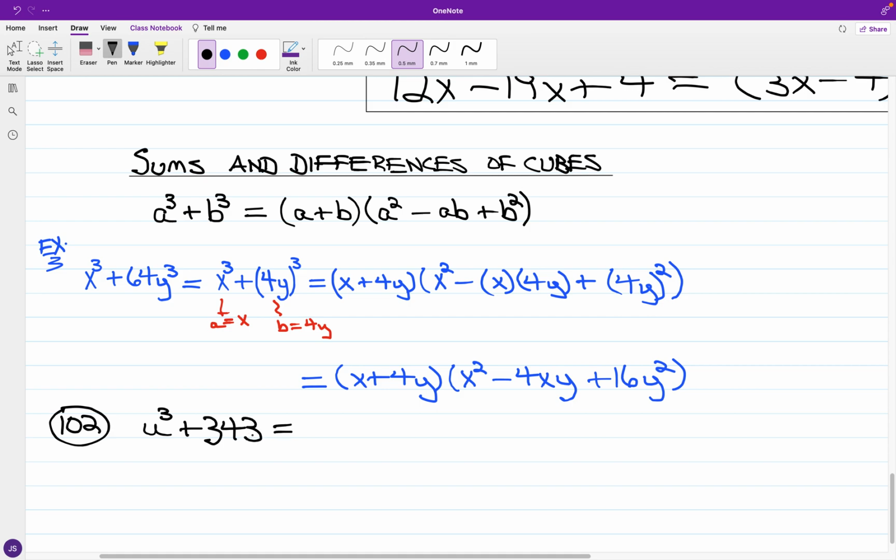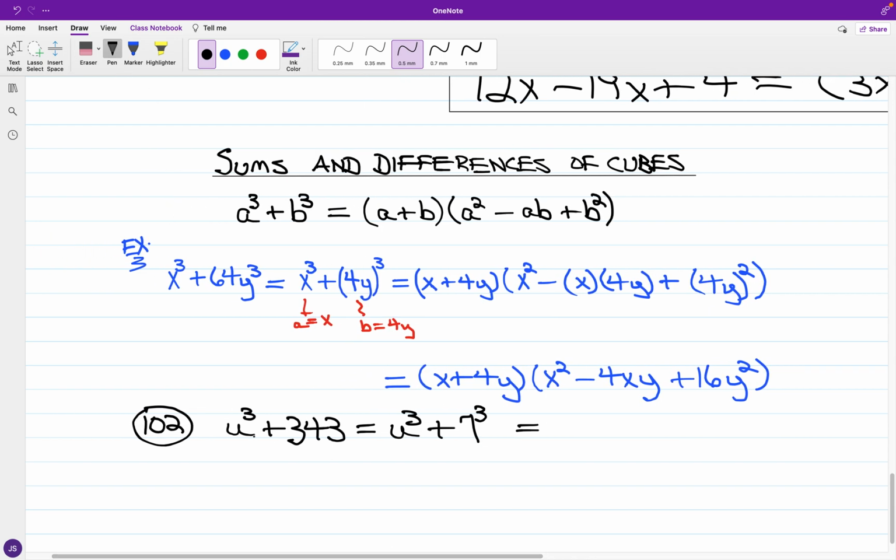For u to the third plus 343, we have the sum of perfect cubes. u to the third is the cube of u. 343 is 7 times itself times itself. So in parallel, a is represented by u and b is represented by 7.